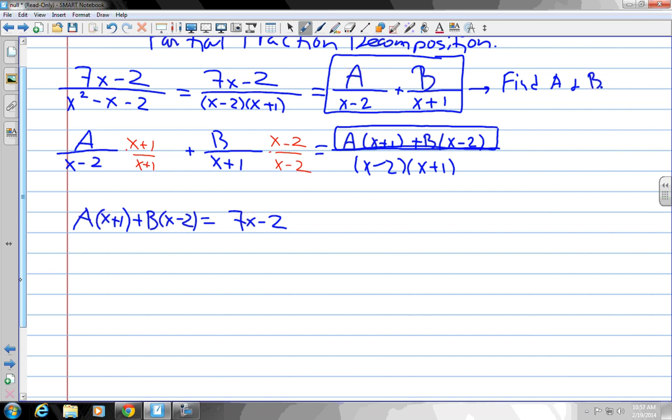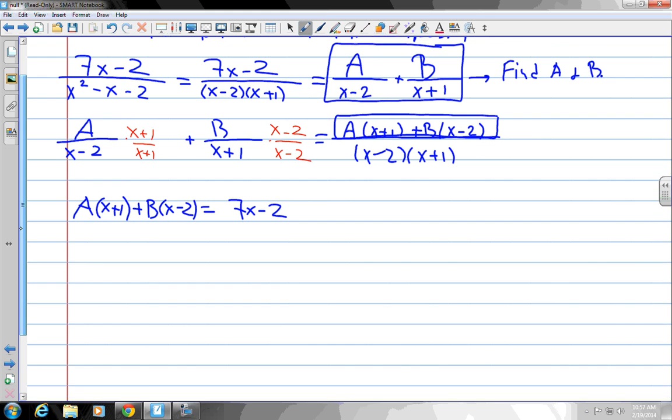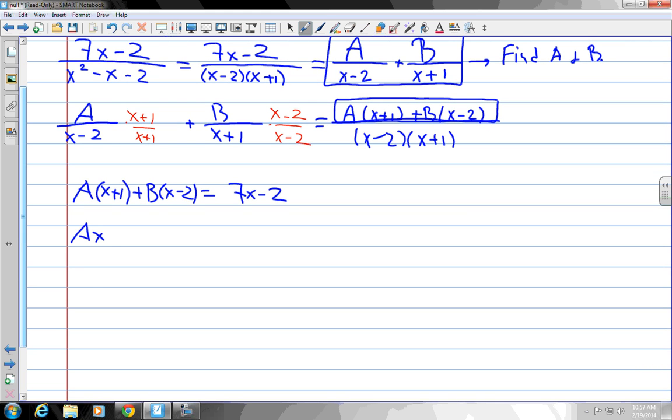So I'm going to do some algebra. I'm going to distribute the A's and B's, so I'll get Ax plus A plus Bx minus 2B equals 7x minus 2.